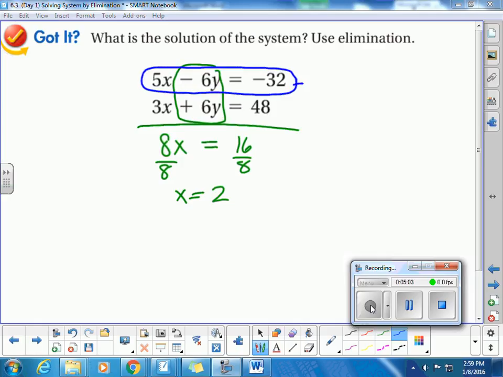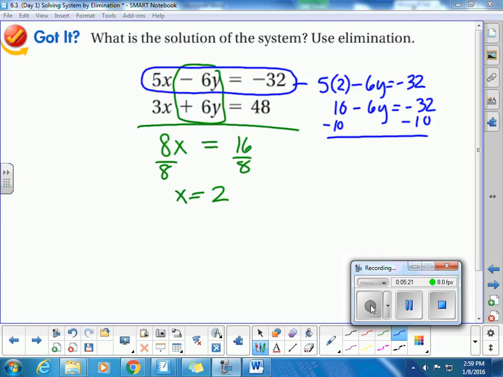So if I plug x in there, I get 5 times 2 minus 6 times y equals negative 32. So 10 minus 6y equals negative 32. We subtract 10 from both sides, and we get negative 6y equals negative 42. Divide by negative 6. And we should get y equals positive 7. So our ordered pair is (2, 7).